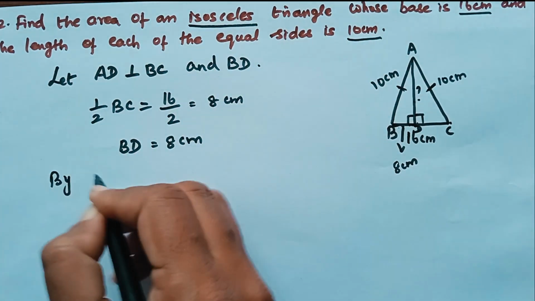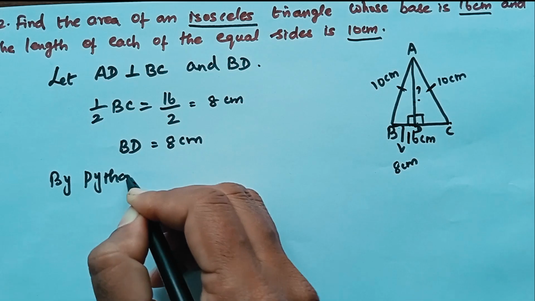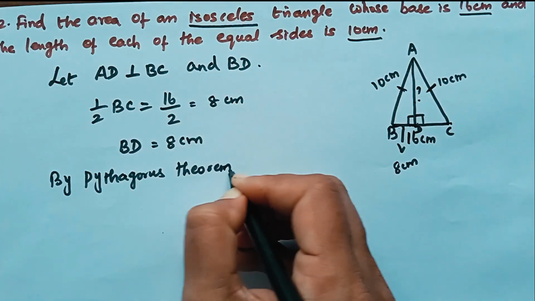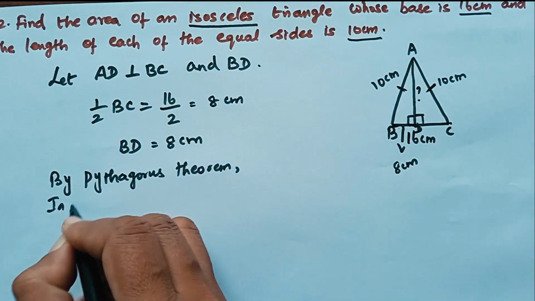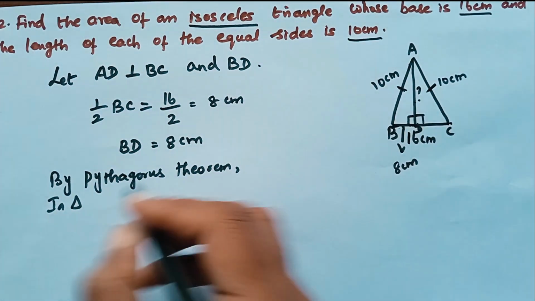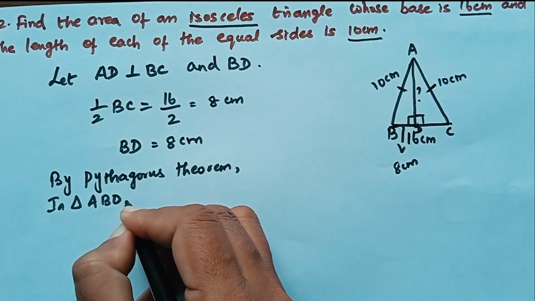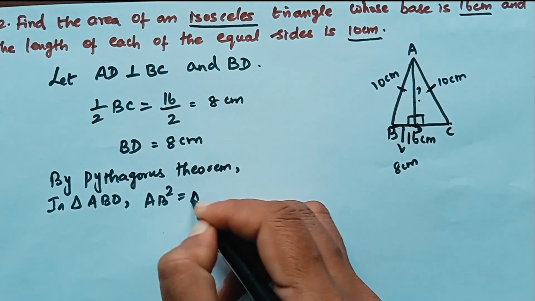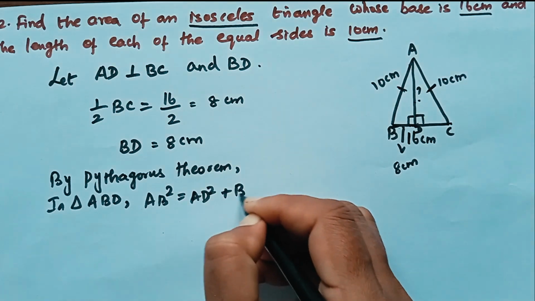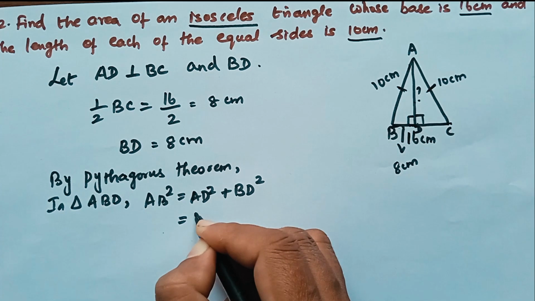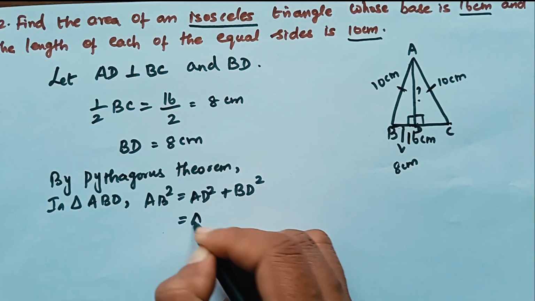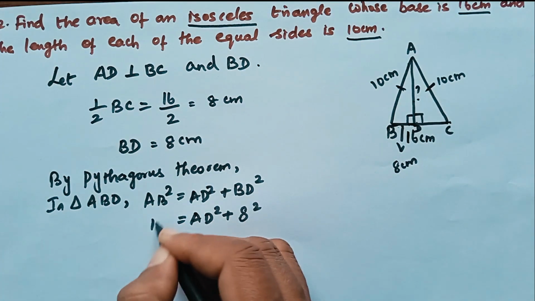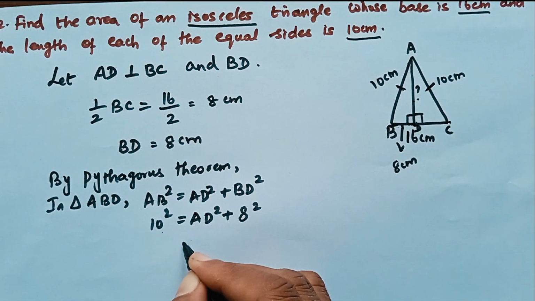So by Pythagoras theorem, in triangle ABD, AB square, that is the hypotenuse, is equal to AD square plus BD square. AD square is what we don't know, right? So AD square plus BD square is 8 square and AB square is 10 square. So from this we can find AD.